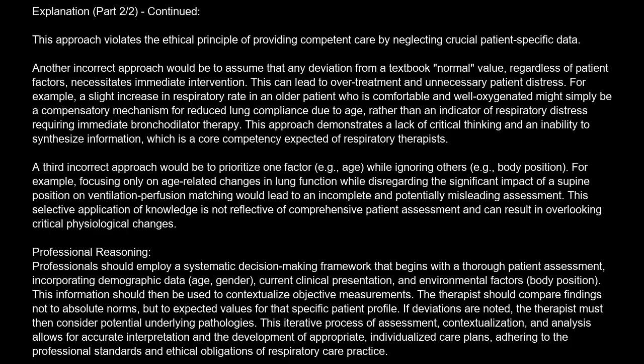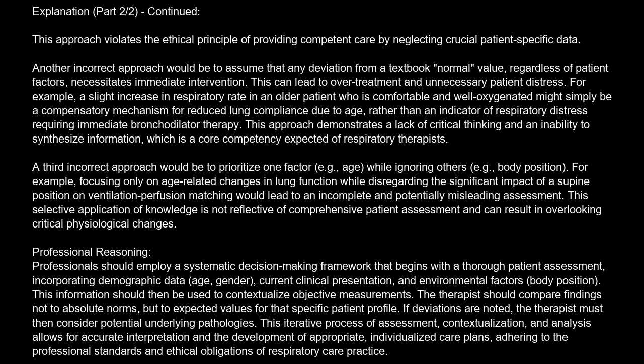Professional reasoning. Professionals should employ a systematic decision-making framework that begins with a thorough patient assessment, incorporating demographic data (age, gender), current clinical presentation, and environmental factors (body position). This information should then be used to contextualize objective measurements. The therapist should compare findings not to absolute norms, but to expected values for that specific patient profile.